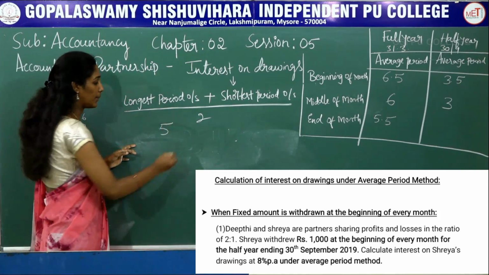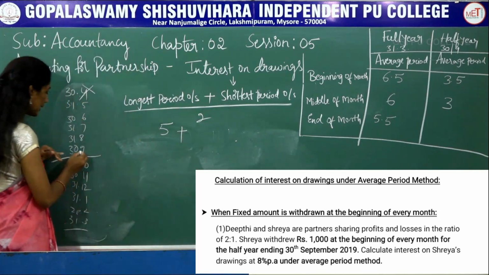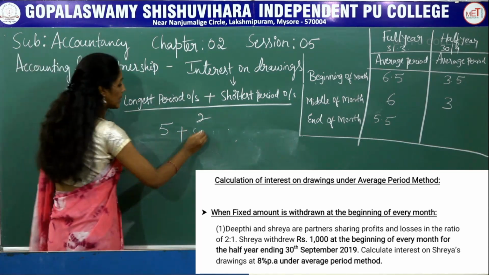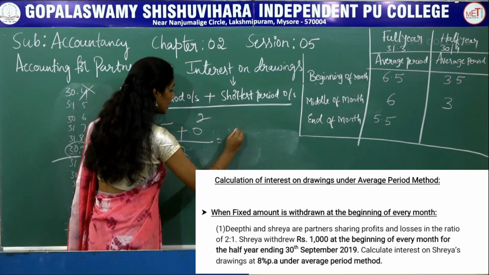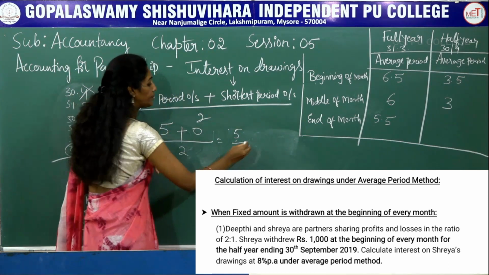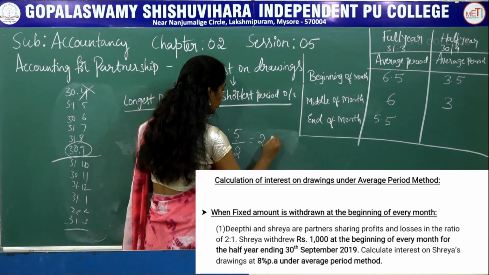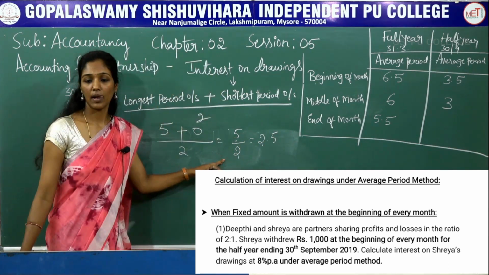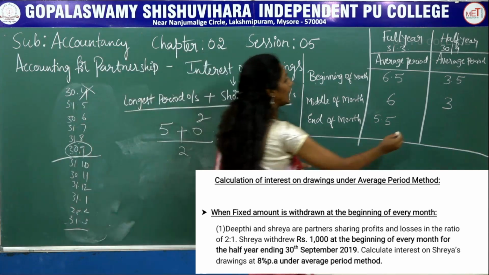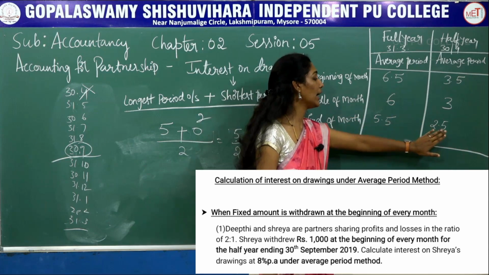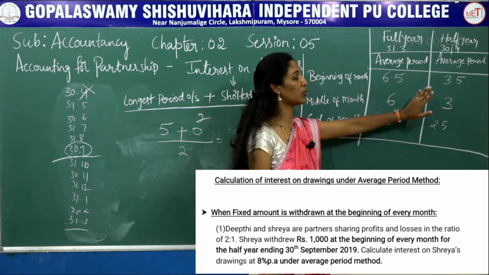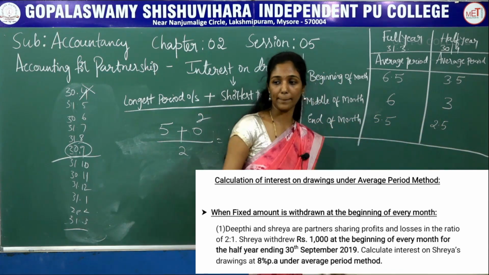So 5 months. Plus at the end of the month 0 days are remaining. So 5 plus 0 divided by 2, that is 5 divided by 2, 2.5. 2.5 months will be the average period when books of accounts are closed half yearly.